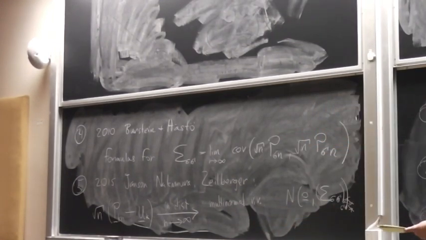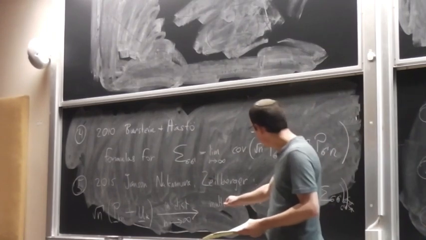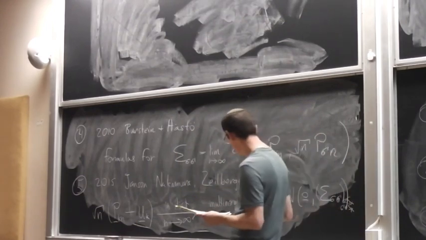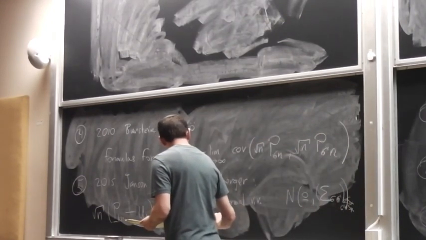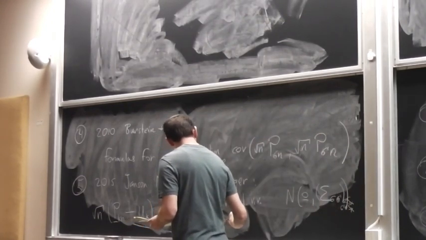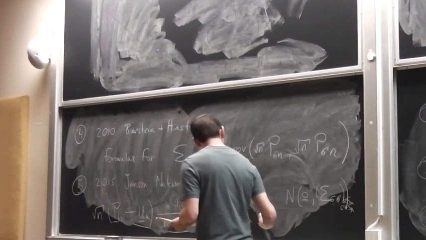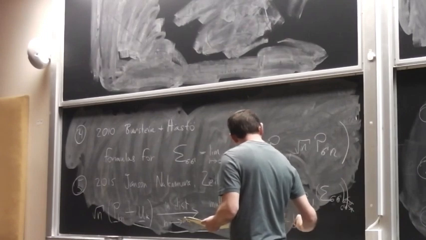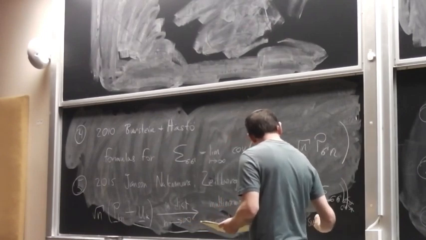But the interesting point is that this multinormal random variable is actually supported on a lower dimensional space. So it is supported on a (k minus 1) squared dimensional subspace.